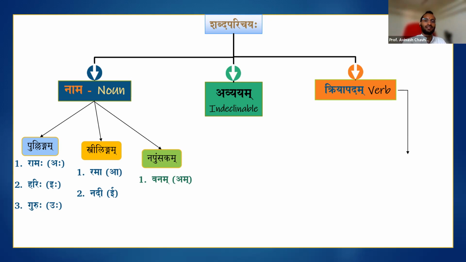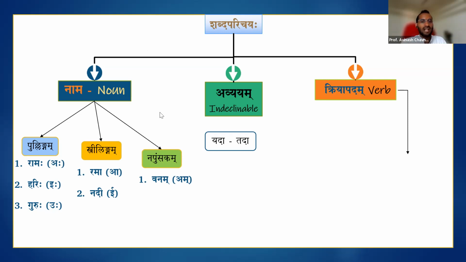There is a second category which is avyayam. Within avyaya you will find various kinds of avyaya. For example, I am just putting two: yada, tada. Avyayam means those words which are indeclinable. You cannot decline them like Ramaha, Ramau, Ramaha.